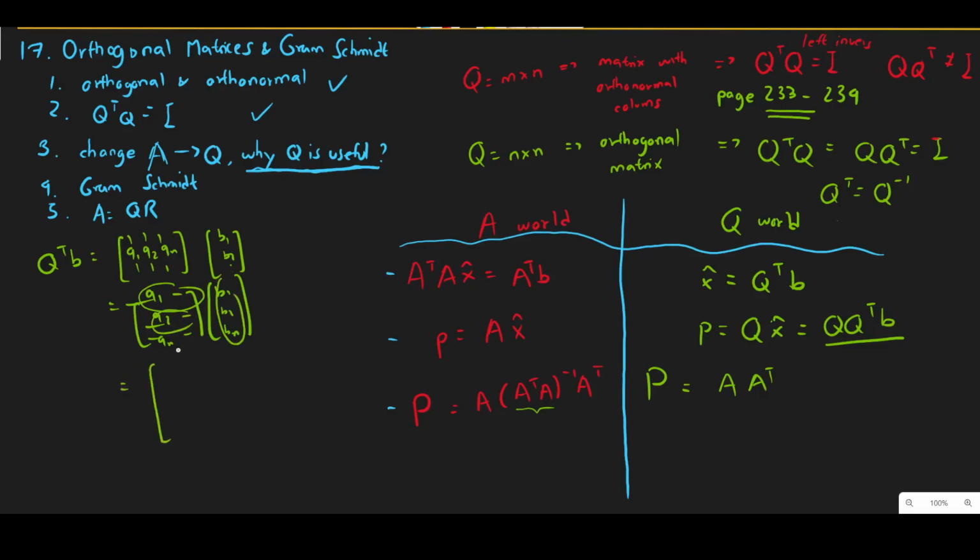So you will be left with a scalar value on each component. Let me write this as Q1 transpose B, Q2 transpose B, and Qn transpose B. Now this is just a scalar value. And then let's do the other one. So let's do Q, and let's delete this one first.